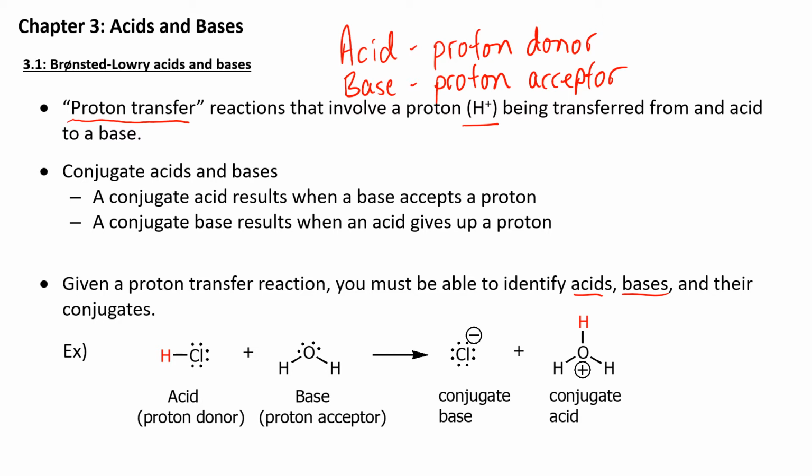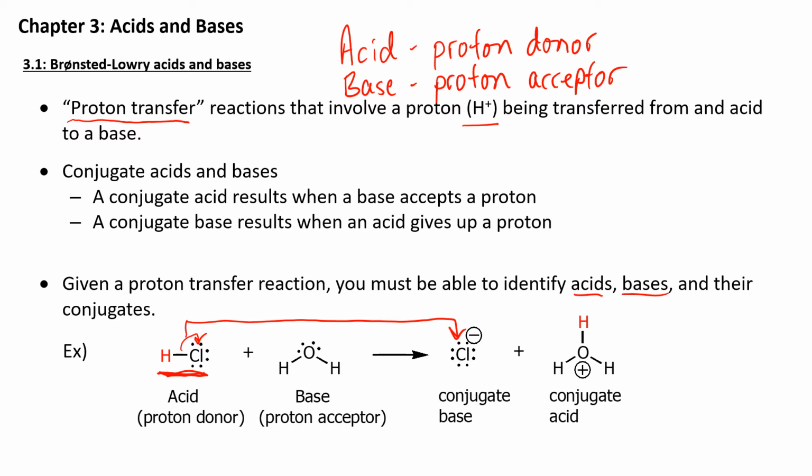All right, so if you look at the first molecule, HCl, look what happens to it. HCl has lost an H+. The electron has gone to the chlorine atom and become chloride.